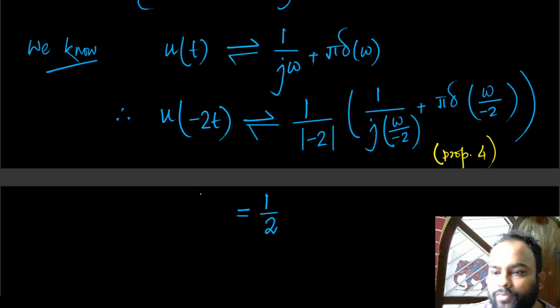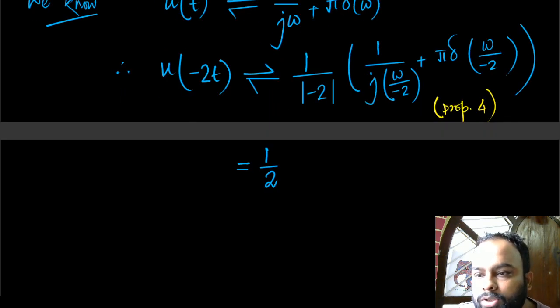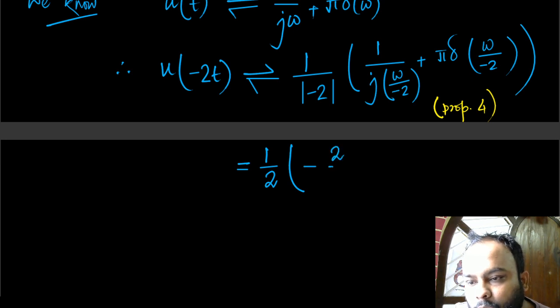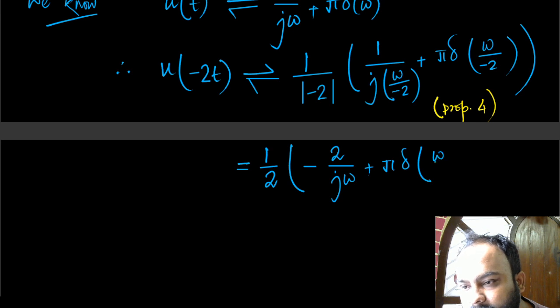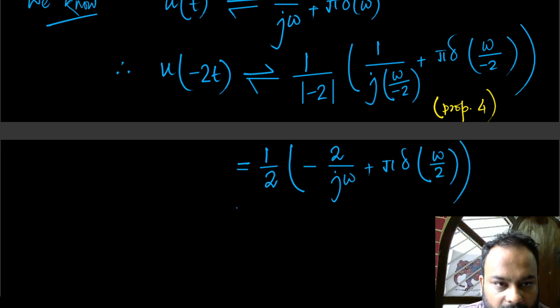We have applied property 4 here. So that's half. And if I simplify this, it becomes 2 by minus 2 by j omega plus pi delta. And since delta is an even function, that's this. All right, I don't think there is any issue with that.